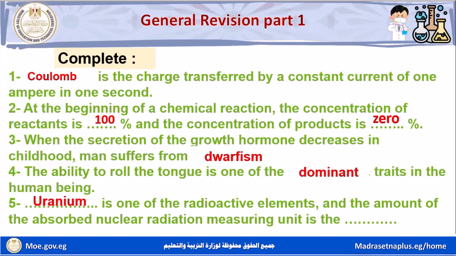Uranium is one of the radioactive elements. Okay. Any radioactive element, uranium, zirconium. Okay. And the amount of the absorbed nuclear radiation measuring unit is the sievert.